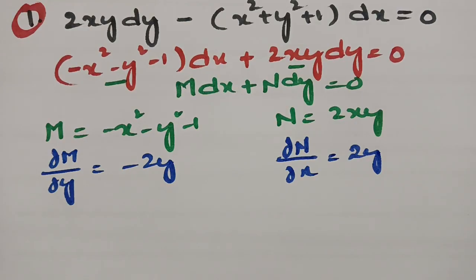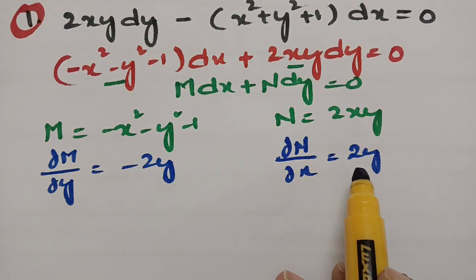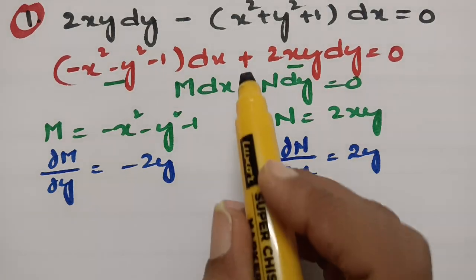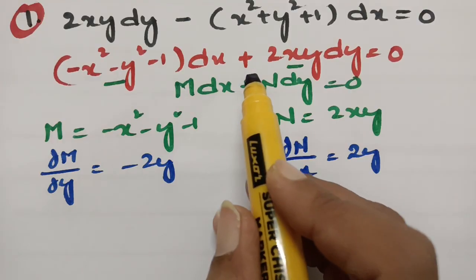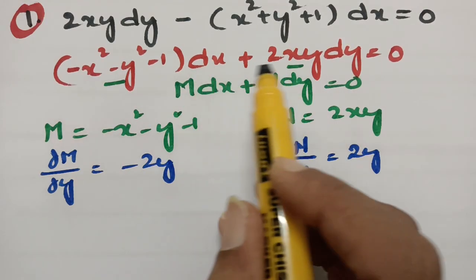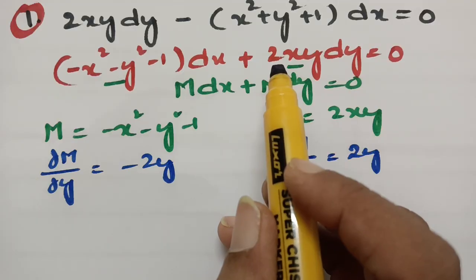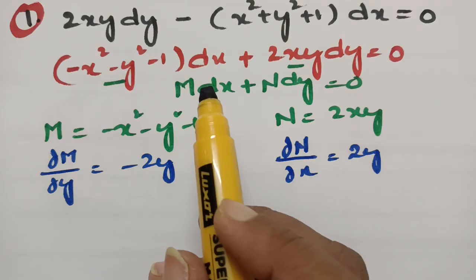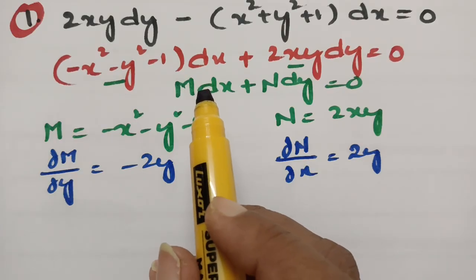When we have to use this fourth method, as this is a non-exact differential equation, dou m by dou y does not equal dou n by dou x. So we have to check the question, first by inspection, whether it comes through any formula or not. No, there is no chance at all. The second method is to check whether it is a homogeneous differential equation or not.